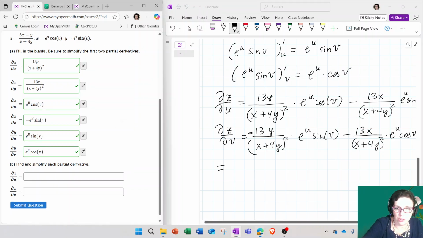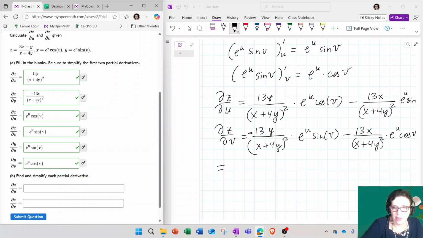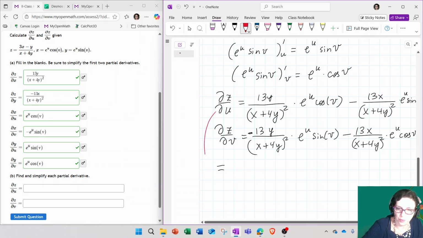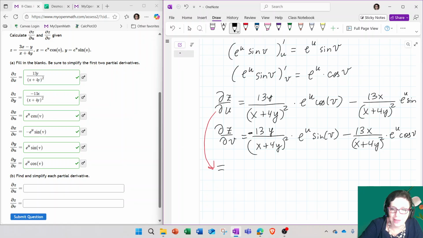Next, let's simplify the first one. I am going to go from here over here and simplify this. There's not much to simplify, but we cannot leave the x and y in there.